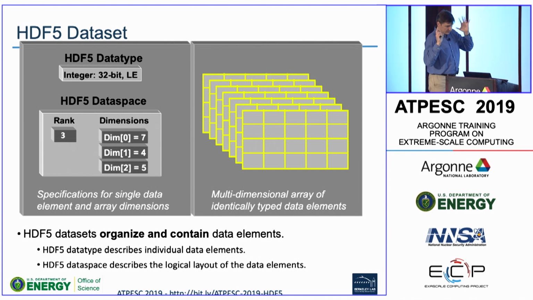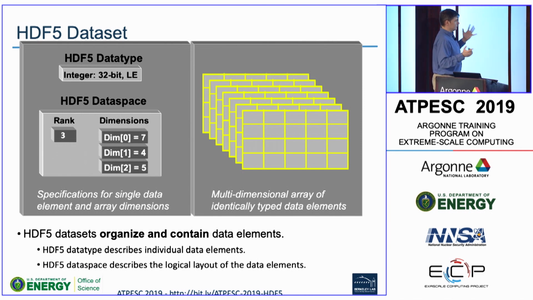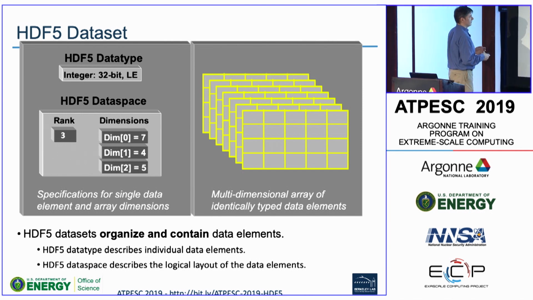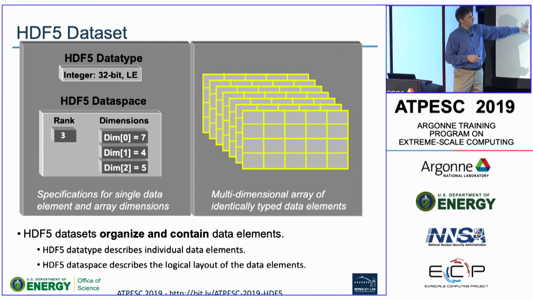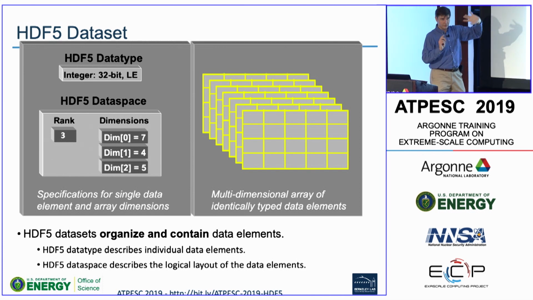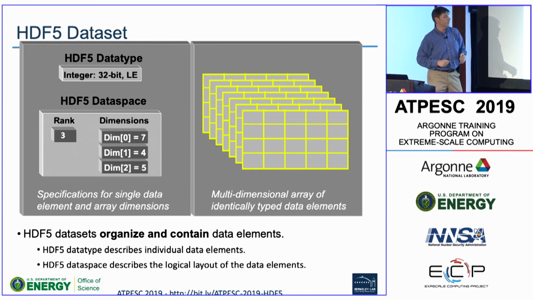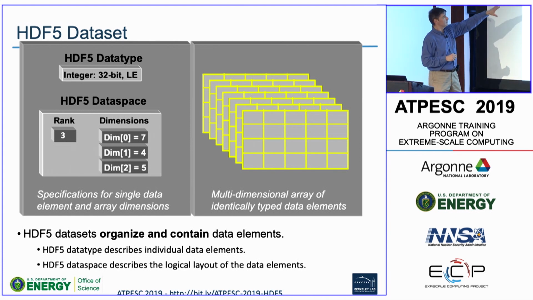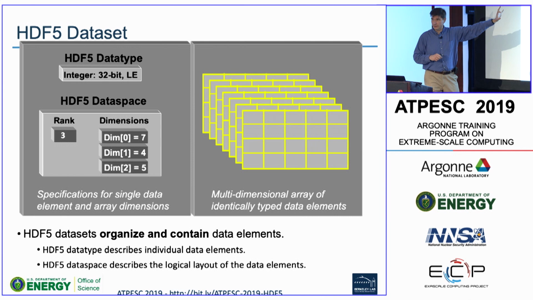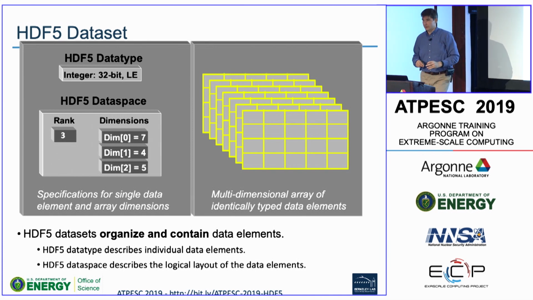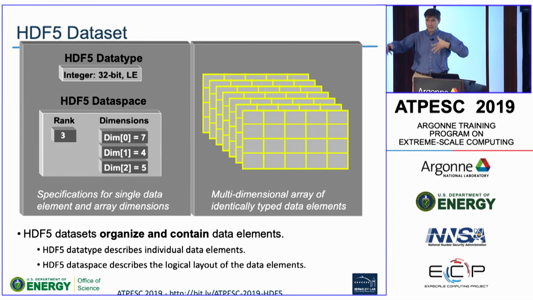In addition to just this blob of array, we have to store a description, some metadata that describes it inside the file, so the user isn't trying to write this down in some separate file. So in this case, the data type, which is the description of the elements, is a 32-bit middle-endian integer, and the data space in HDF5 terms is the arrayness, right?